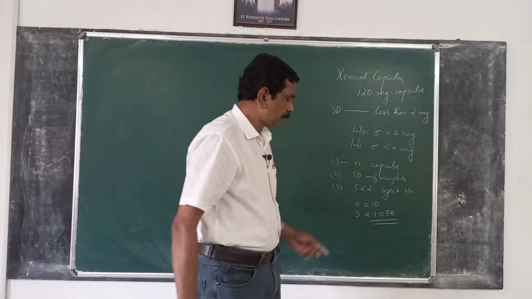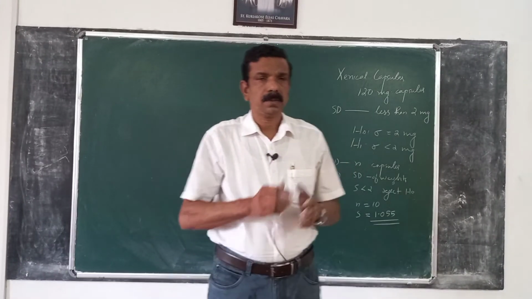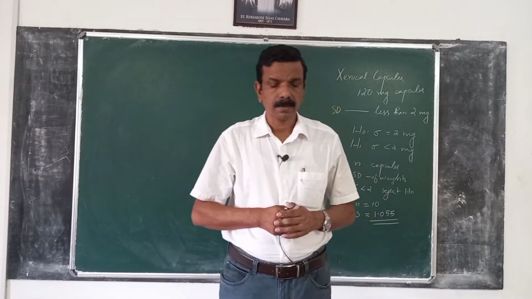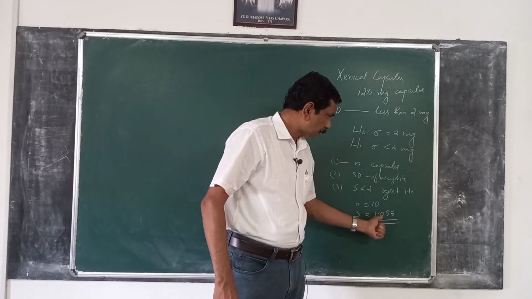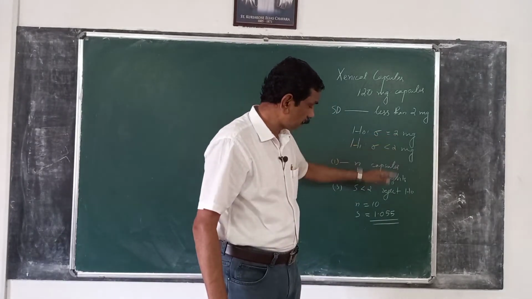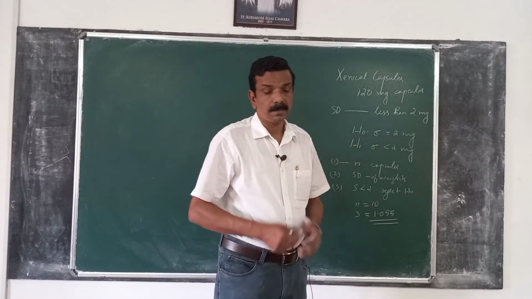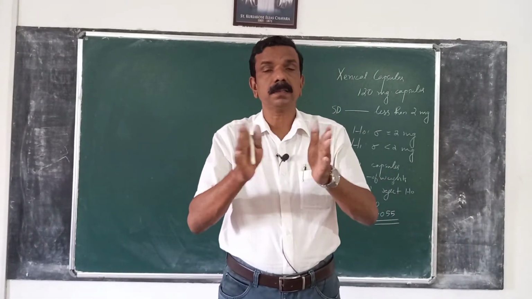The data will be considered by software. Anyway, now the question is, S is much lower than 2, but we do not know whether this is due to sampling error or whether this is statistically significant.